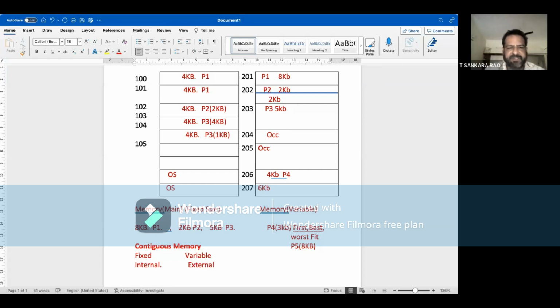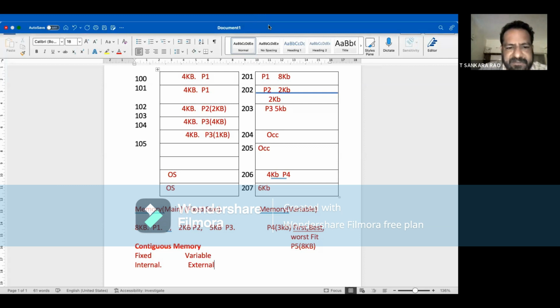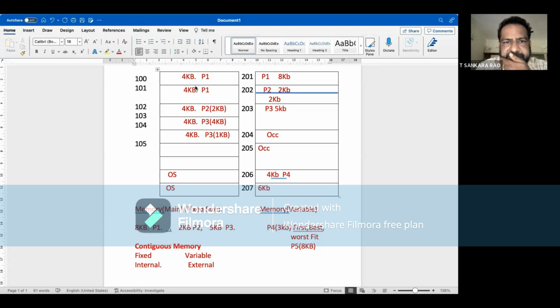So, summary, please note down. The first scheme we have seen is contiguous memory allocation. Here we have two cases, fixed size as well as variable size.